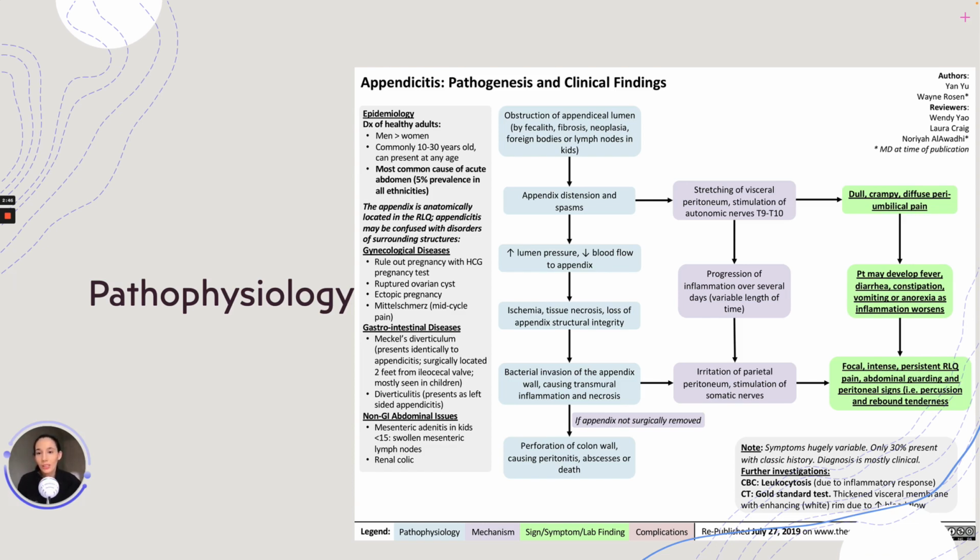This will lead to ischemia, tissue necrosis, loss of appendix structural integrity, and the stretching of the viscera will progress to inflammation over several days, which will lead to dull, crampy, diffuse umbilical pain, which may develop into diarrhea, constipation, vomiting, or anorexia. You'll see the irritation of the peritoneum, stimulating of somatic nerves, and then you can also see the bacterial invasion of the appendix wall. So this gives you a great overview of everything that we're talking about. I just think this is a great chart.